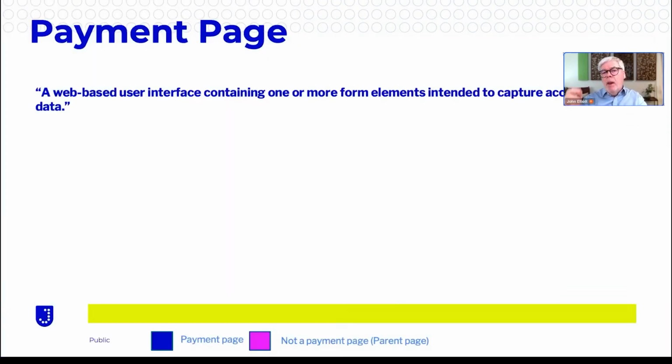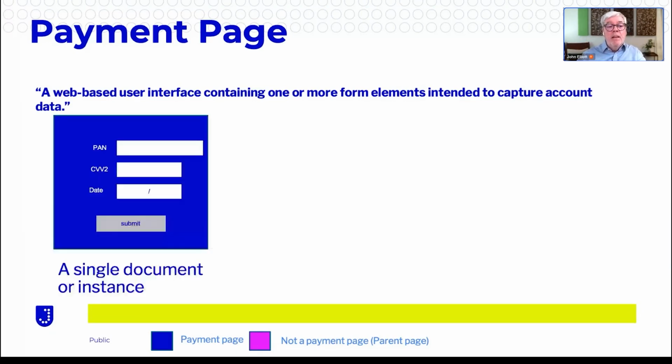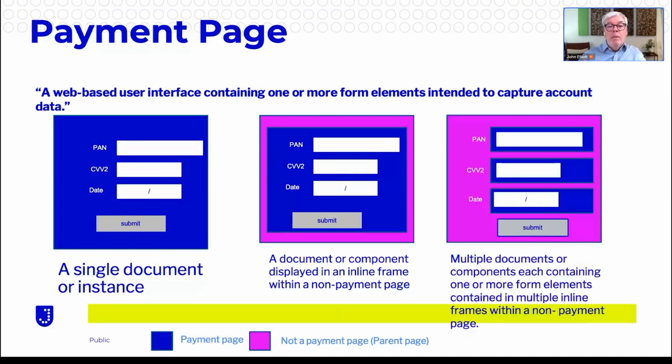And they apply to the payment page, which, and I'll tell you a bit of inside baseball here, I think it took us a month to come up with this definition of a payment page. So anyway, it's a web-based user interface containing one or more form elements intended to capture account data in a single document or instance, in a document or component displayed in an inline frame, an iframe, within a non-payment page, or multiple iframes within a payment page.